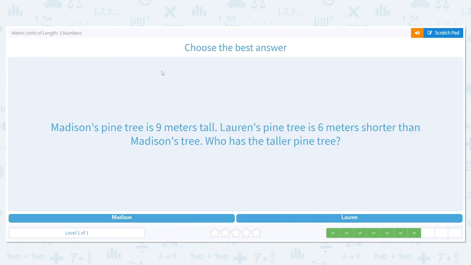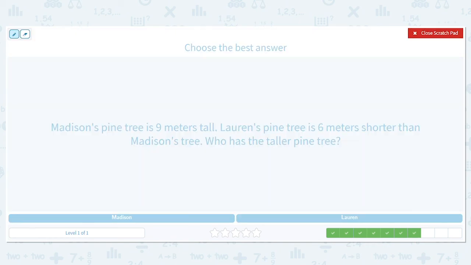Next, Madison's pine tree is 9 meters tall. Lauren's pine tree is 6 meters shorter. Who has the taller pine tree? Well, Madison's pine tree is 9 meters.